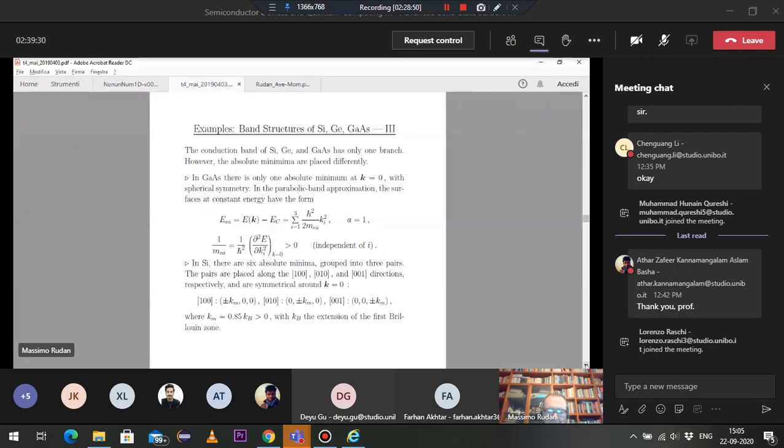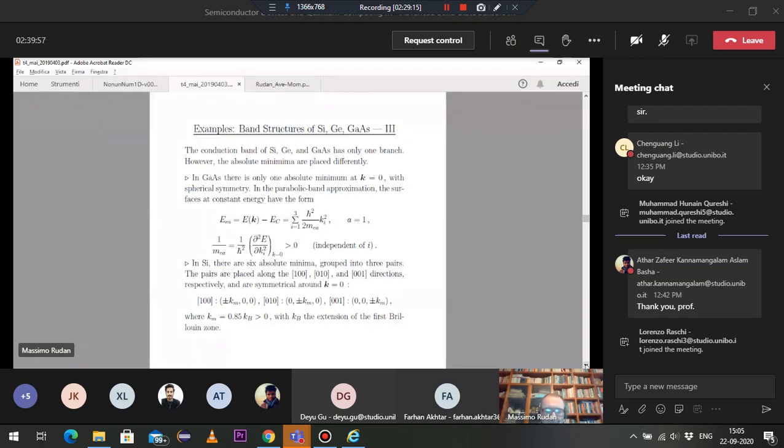If you consider silicon, you remember there are 6 absolute minima of the conduction band. They are grouped into 3 pairs, and each pair is placed along one of the 3 directions, 1,0,0, 0,1,0, and 0,0,1. Okay, so they are placed symmetrically around the gamma point.